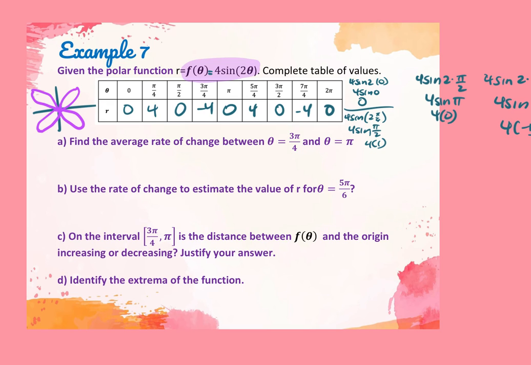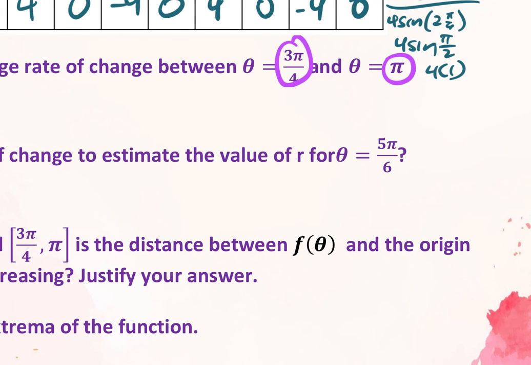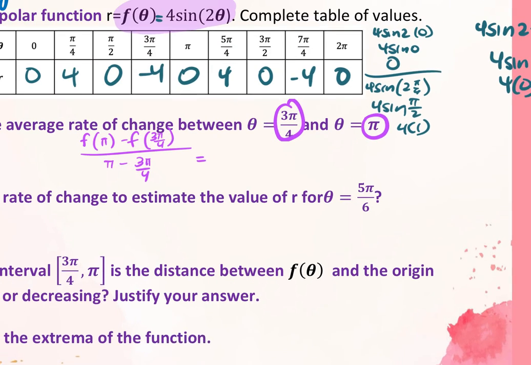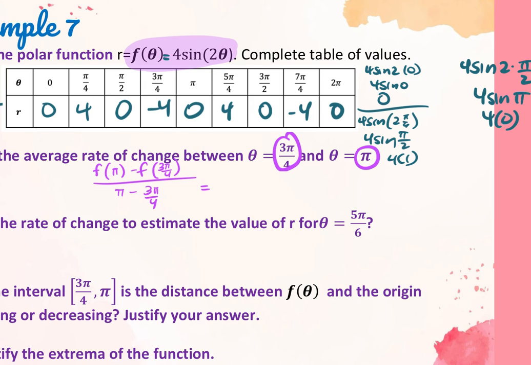So A says find the average rate of change between 3 pi over 4 and pi. So I'm doing f of pi minus f of 3 pi over 4, over pi minus 3 pi over 4. And f of pi, from my chart, I already found, is 0, minus f of 3 pi over 4, which is negative 4, over 4 pi over 4 minus 3 pi over 4.